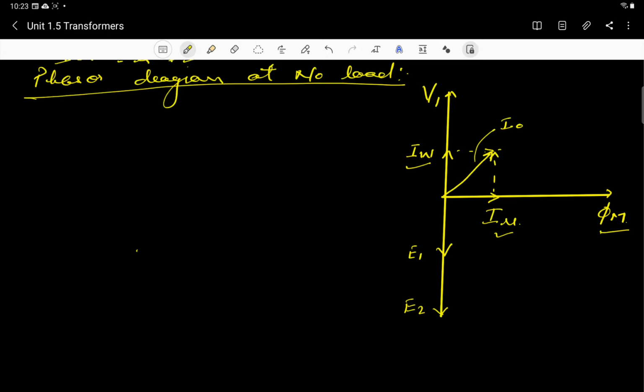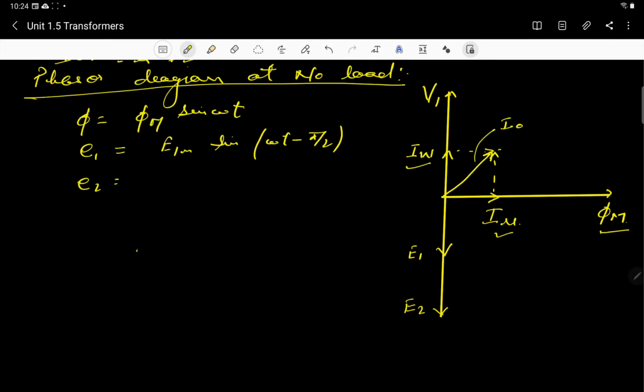Okay. Now we know that phi is the flux for the transformer, should be phi equals phi m sine omega t. All right. From here we can see that E1, the EMF on the primary side, should be equal to E1m sine omega t minus pi by 2, and E2 should be equal to E2m sine omega t minus pi by 2.